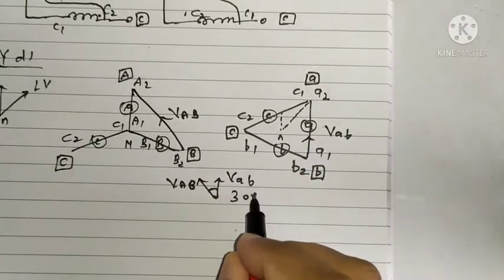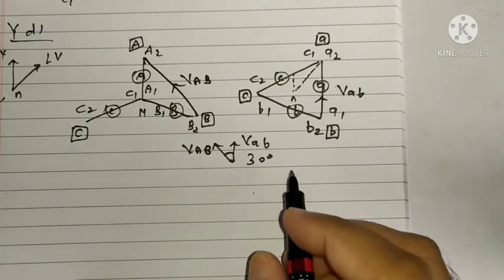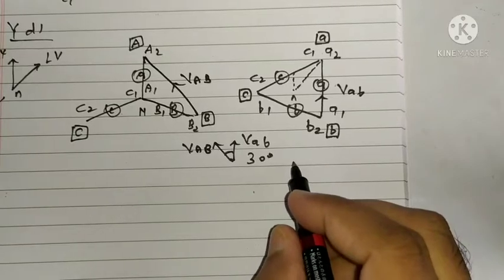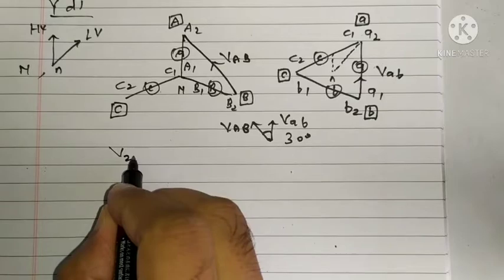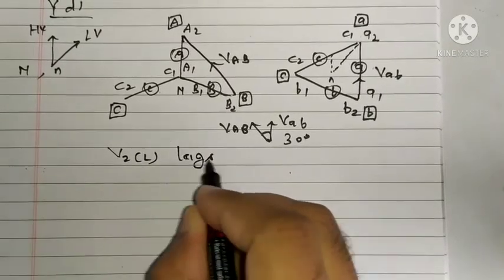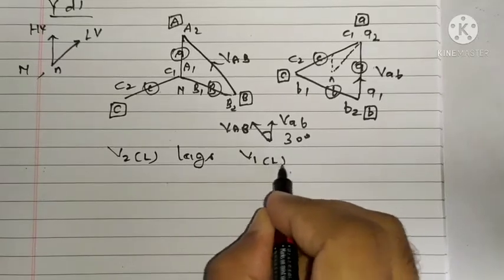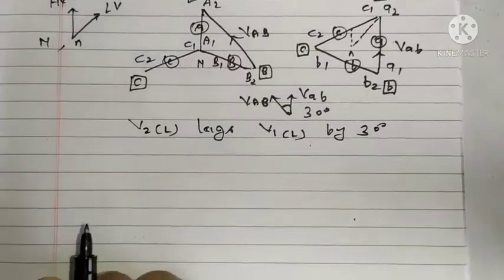So this angle is 30 degrees. That means the secondary line voltage lags the primary line voltage by 30 degrees, right?